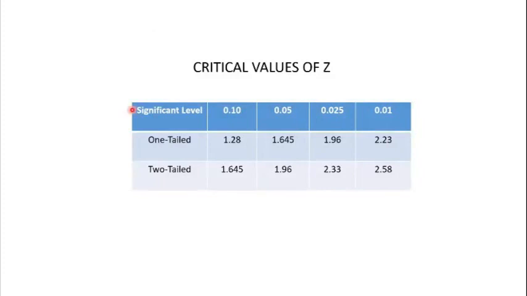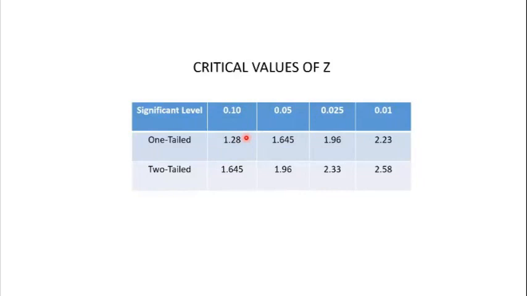Dito naman, we have the significant difference, pero example lang to is for the critical values of Z or the Z distribution. So before, pinakita ko na nga yung table niya, we have only here yung one-tailed test and the two-tailed test. So paano ba siya titignan sa table? Let's say, we have yung one-tailed test. Ang significant level for the one-tailed test natin is we have the 1.28.